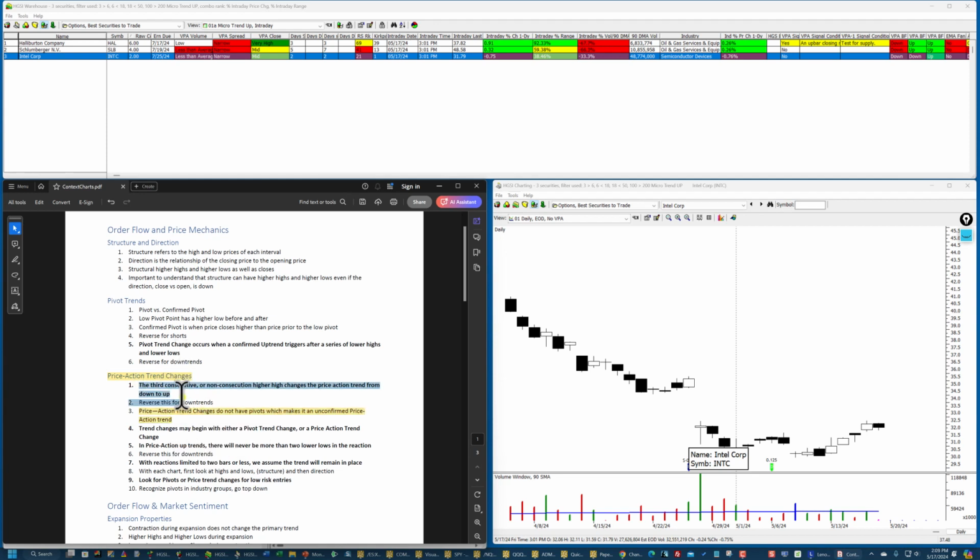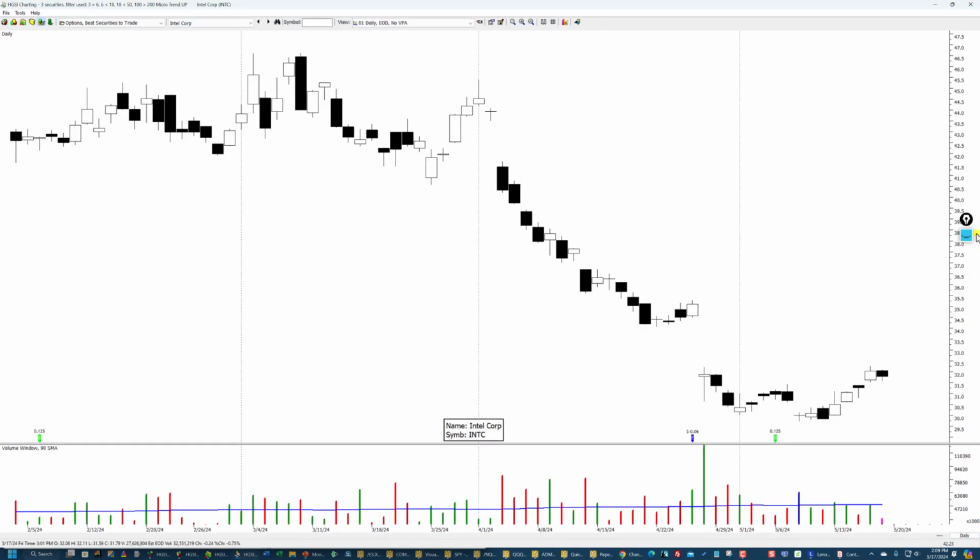Go back and highlight this. So let's go back to the chart. What we're looking for is the third higher high. Now looking at this, this could be considered the first higher high here. I'm going to go ahead and follow the rules here.